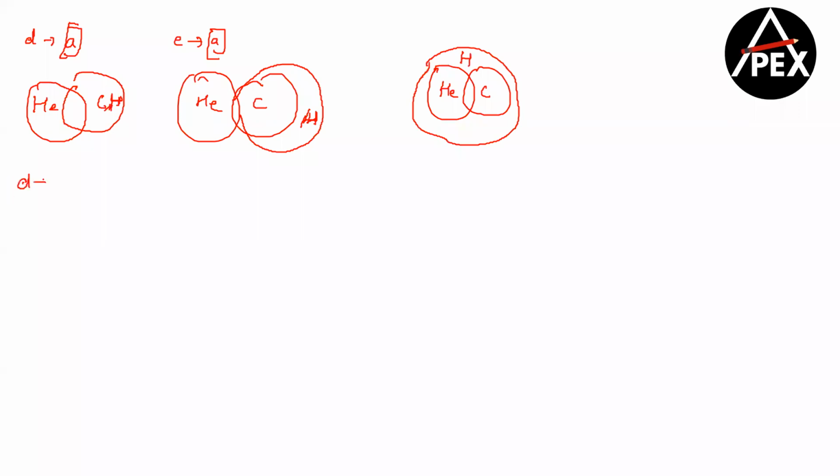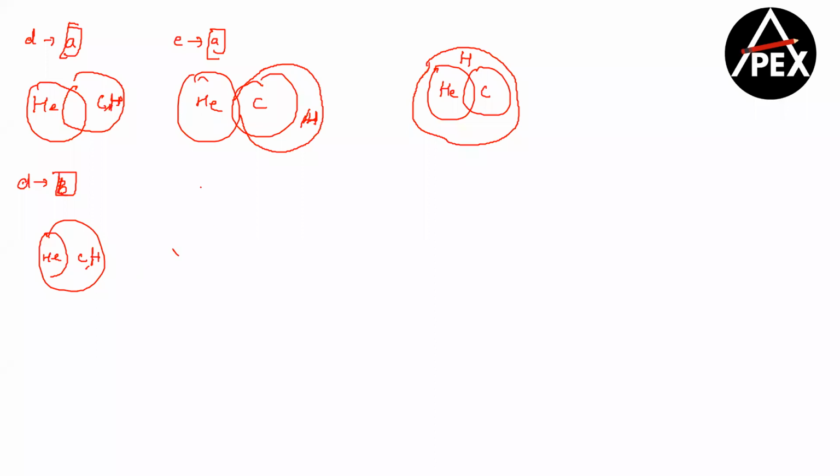Next one, what will happen? Next one, you can take D with B. How does B look? HE inside C. And how does D look? C and H are same. So this will be one diagram. Next one.